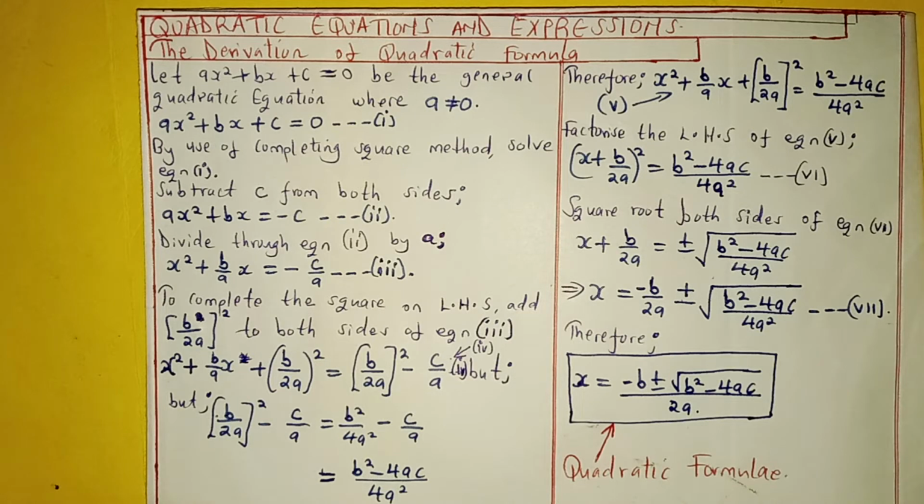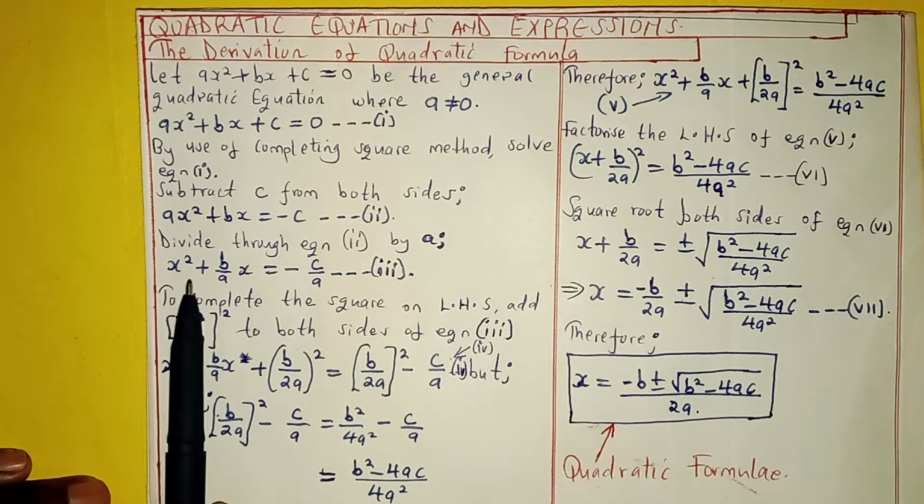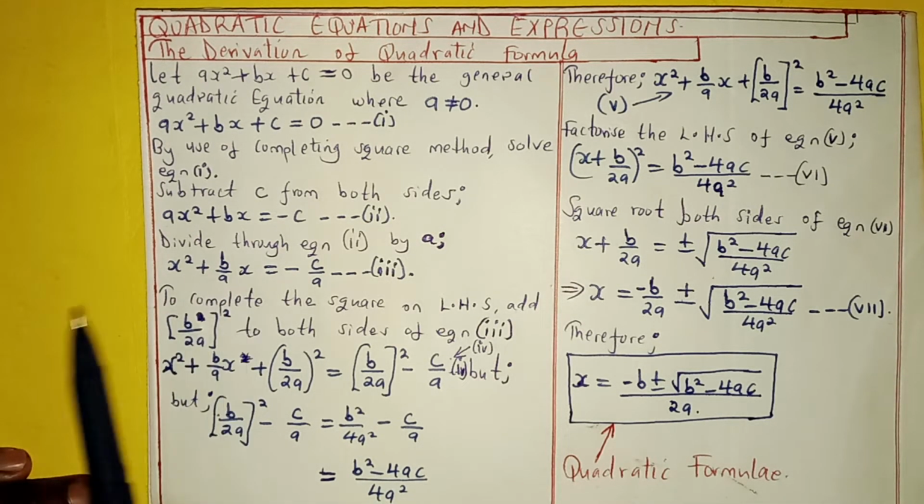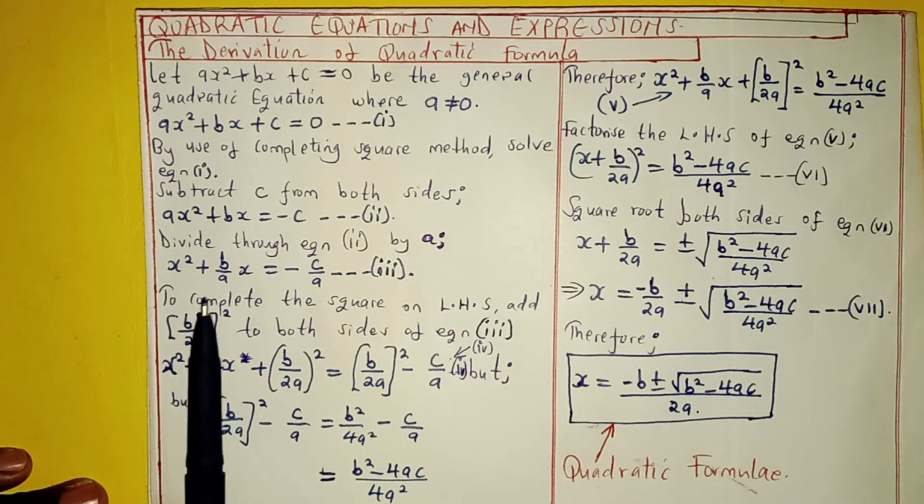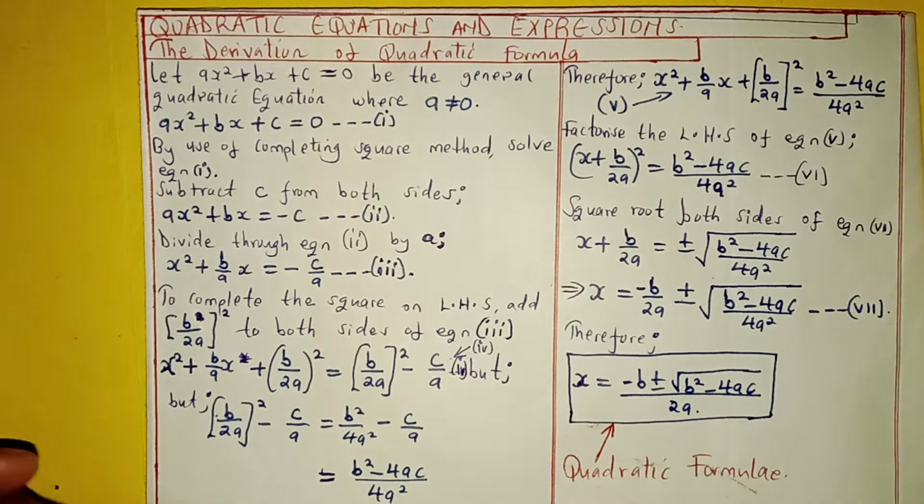Now, to complete the square on the left hand side of this equation 3, we add to both sides of the equation b over 2a squared.